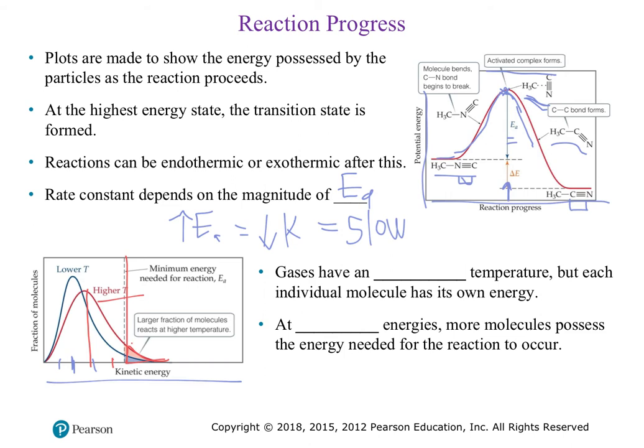All gases have an average kinetic energy, but each individual molecule has its own energy, which will be somewhere in that plot. At higher temperatures, we're going to have more molecules that can get over that energy barrier, and our reaction will take place.